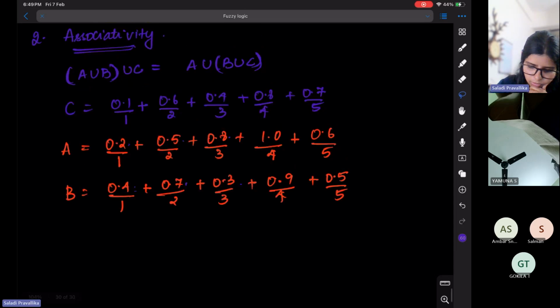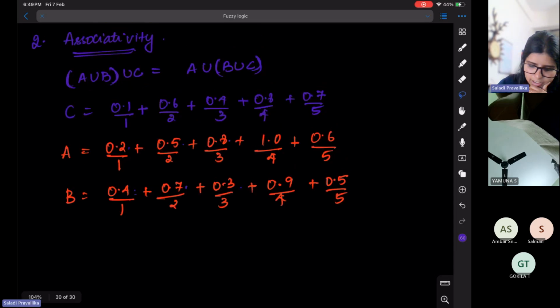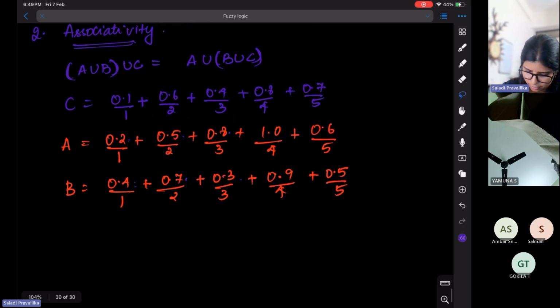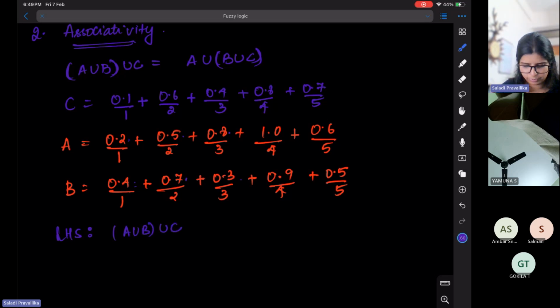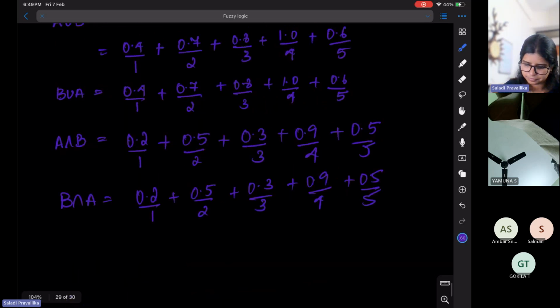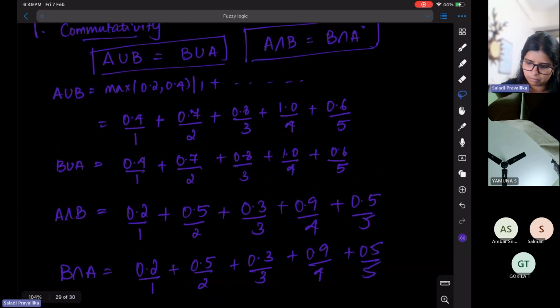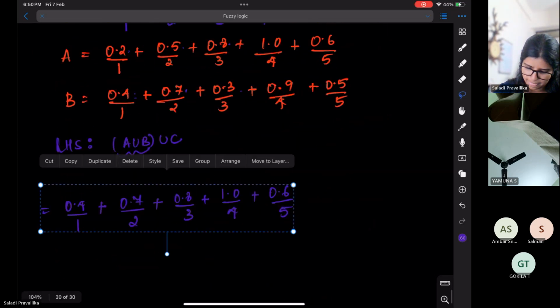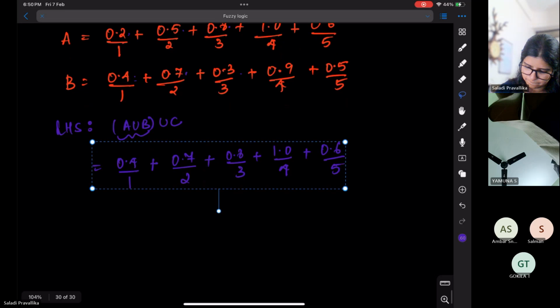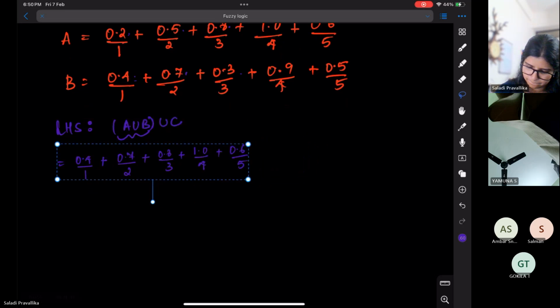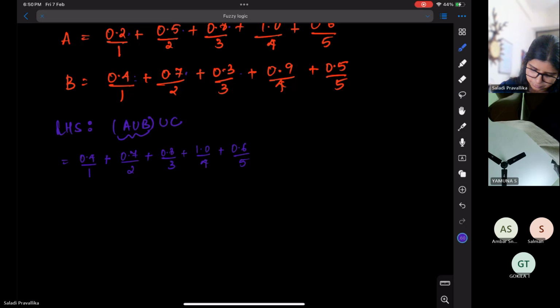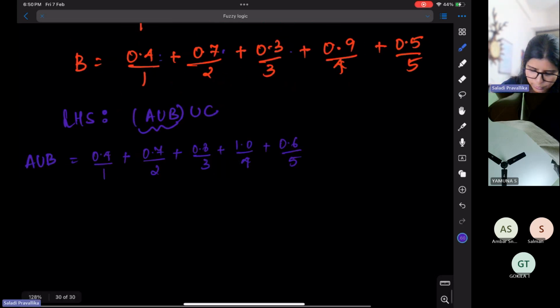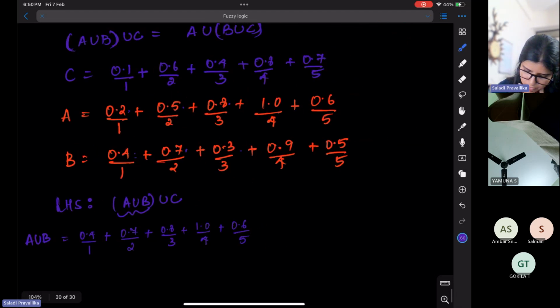So let's first calculate the LHS, the left hand side. LHS is nothing but (A union B) union C. First let's get A union B. We already have A union B here, so I'm simply bringing it down. This is our A union B, and we have our C value also here, right?